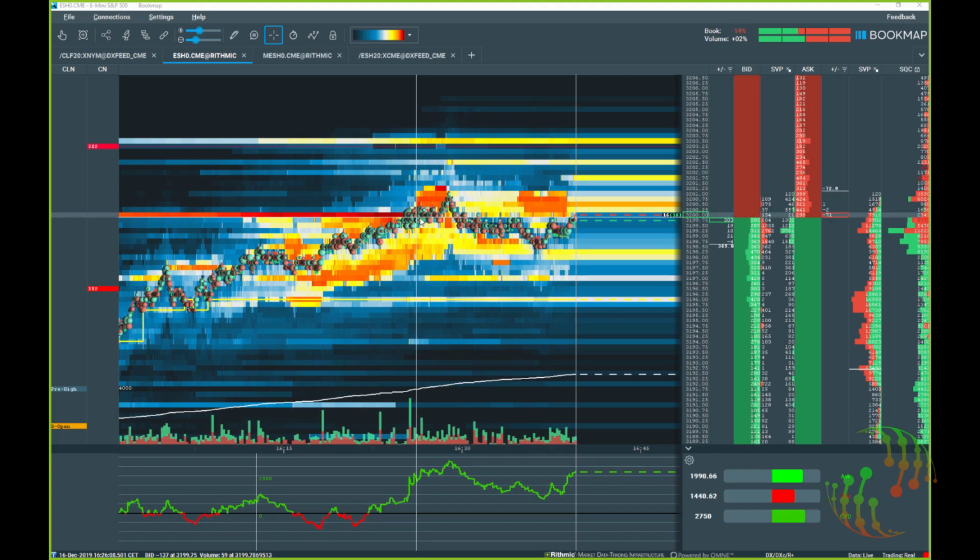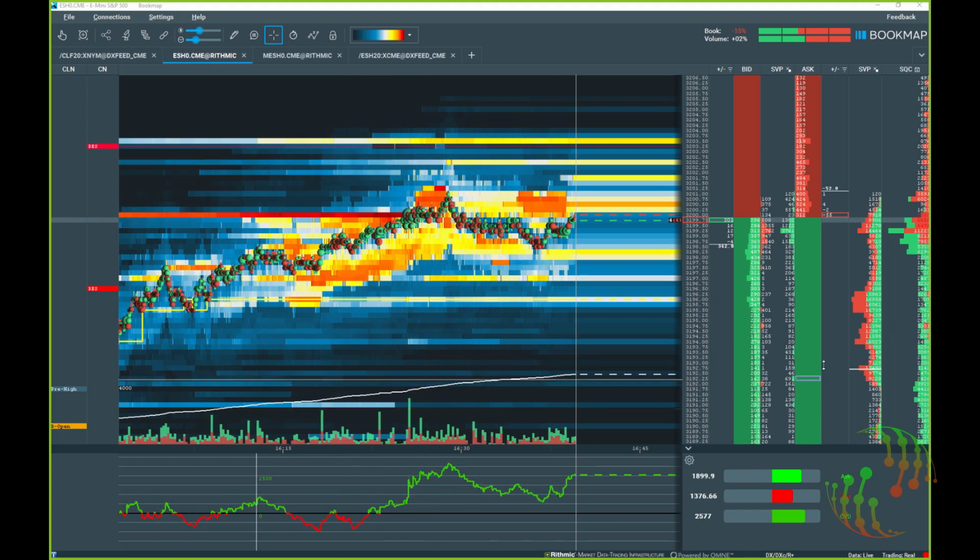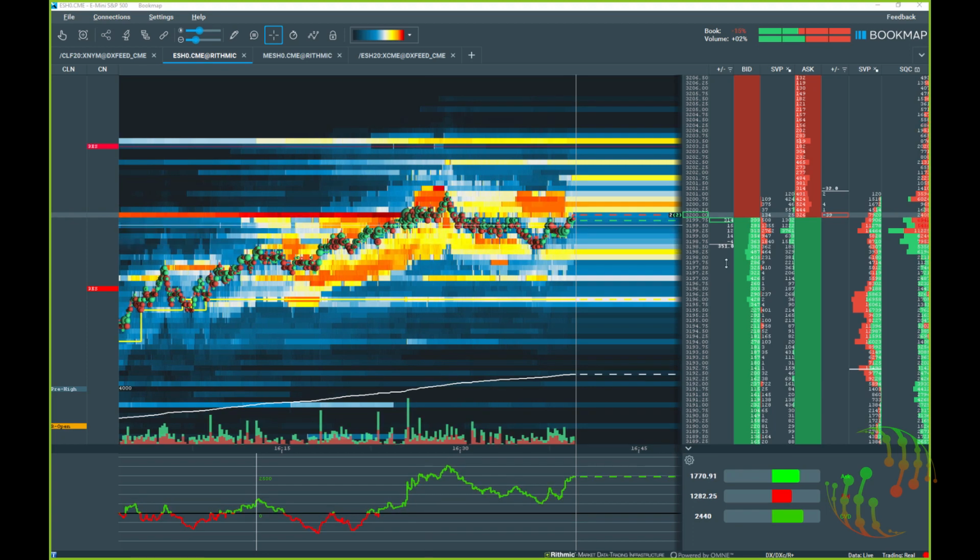But if you don't know what is really happening here, how to read the limit order book, look here, they are pressing the market up. I bet you don't have this kind of information on your chart or any chart.